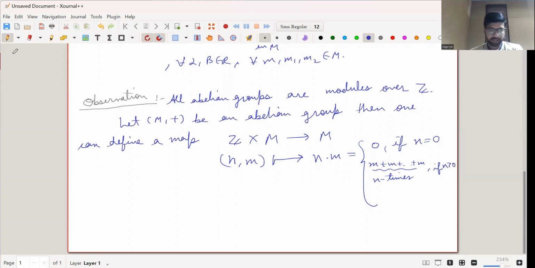You just take the negative of it: negative of m plus m dot dot dot plus m, again you have to take it n many times. In this manner you can define a multiplicative map from Z cross M to M. Okay.